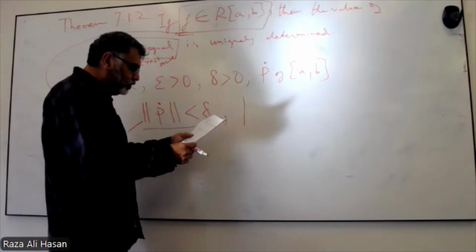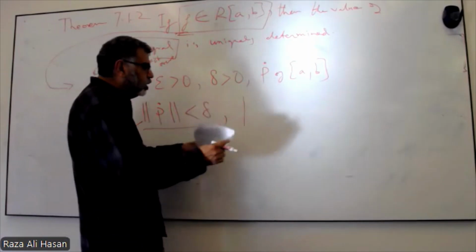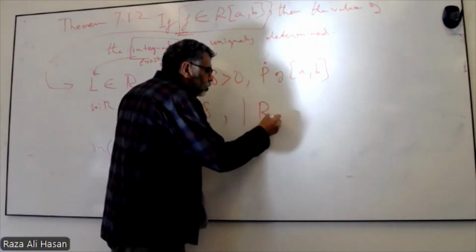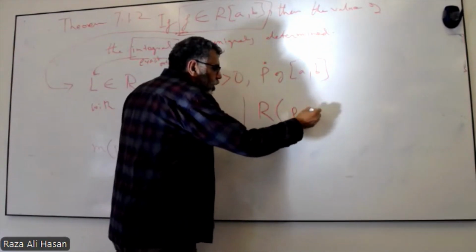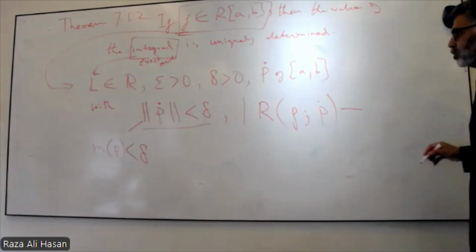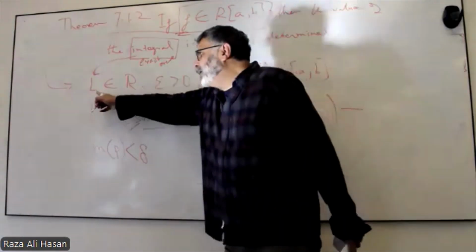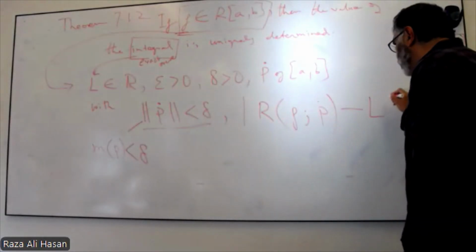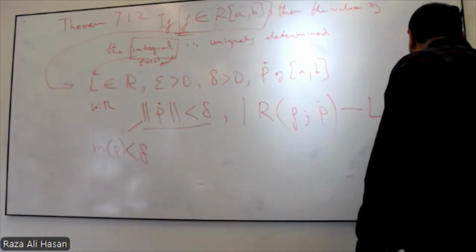And then here I'm going to still use R, and then F comma, the partition, should be less than this guy here. The limit is less than epsilon.